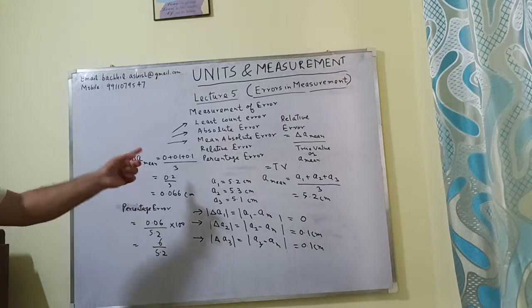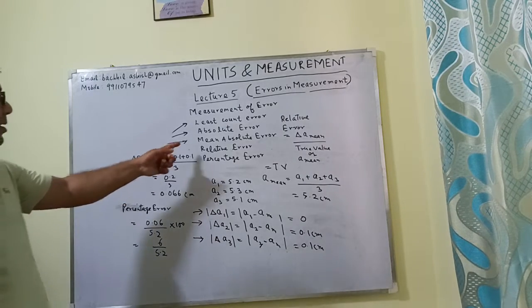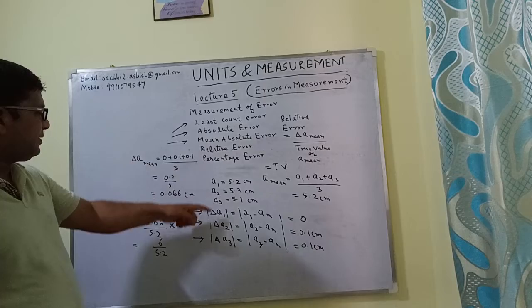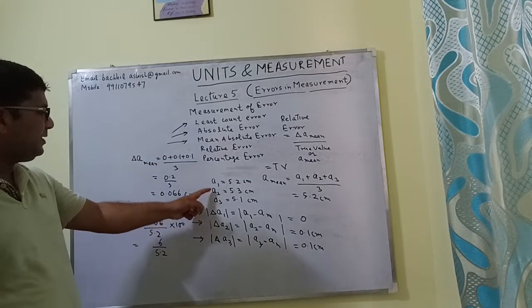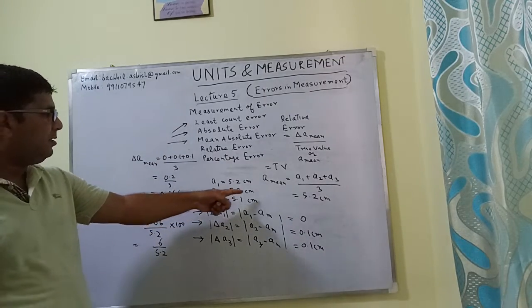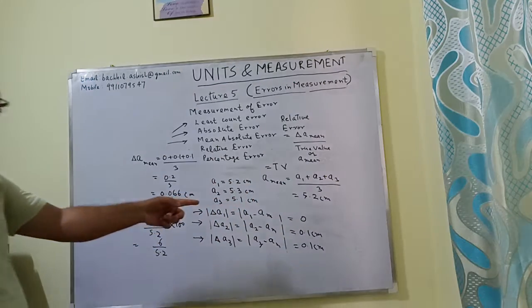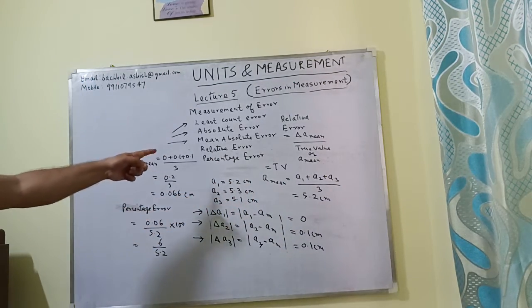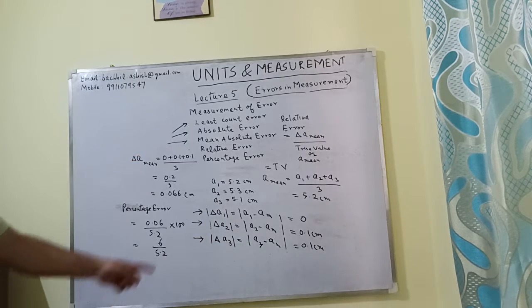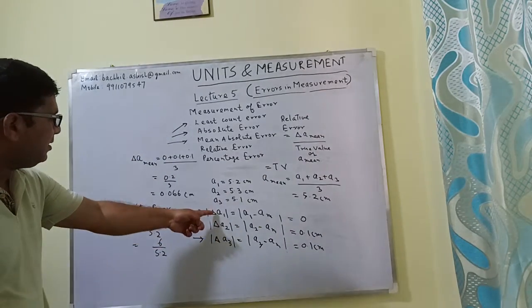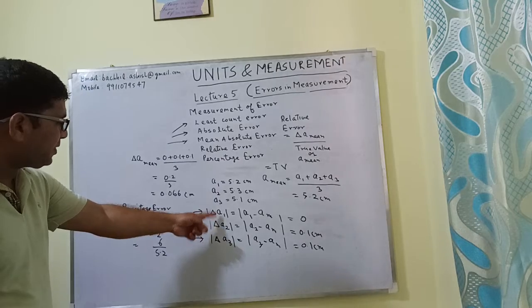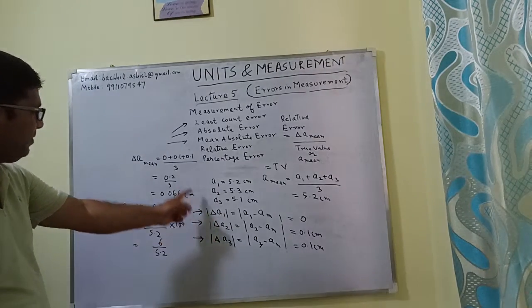Okay. So summing up, the absolute error is the difference between the measured value and the mean value, or the measured value and the true value. The mean absolute error is the mean of the absolute errors of the different measurements which you have taken.